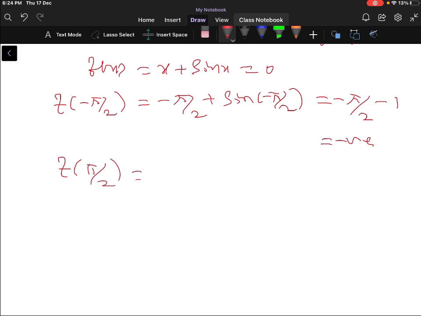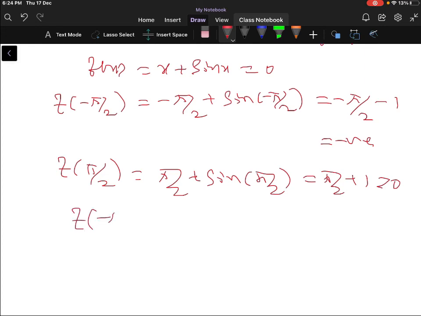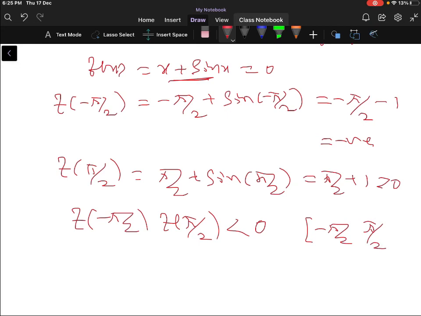Now f of pi by 2 is equal to pi by 2 plus sin of pi by 2, so that is pi by 2 plus 1. So this is positive. Therefore the product f of minus pi by 2 into f of plus pi by 2 is negative. Therefore a root of this equation lies in the interval minus pi by 2 comma plus pi by 2.